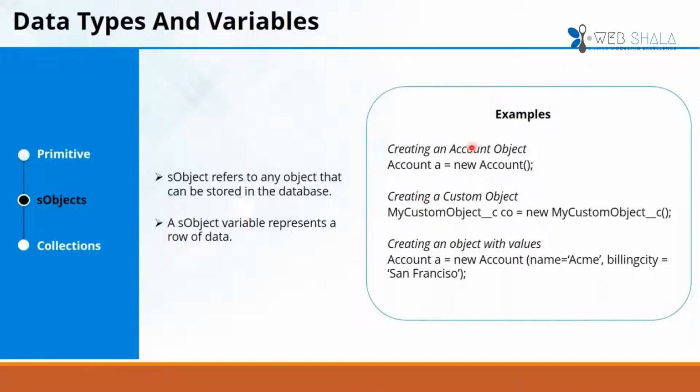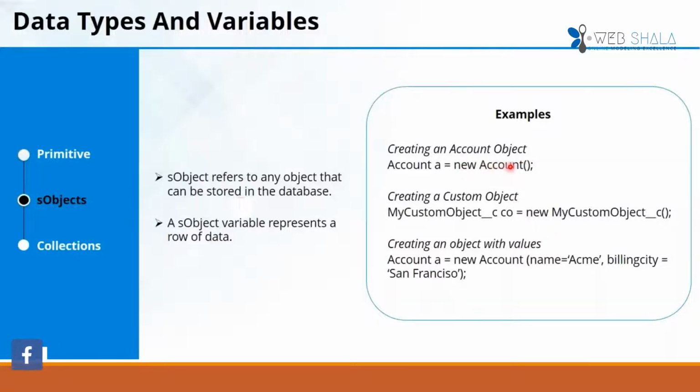They all have their separate data table in the database, and we can fetch the data from there using these objects. So this, Account a = new Account. In that we are allocating memory for the account object.